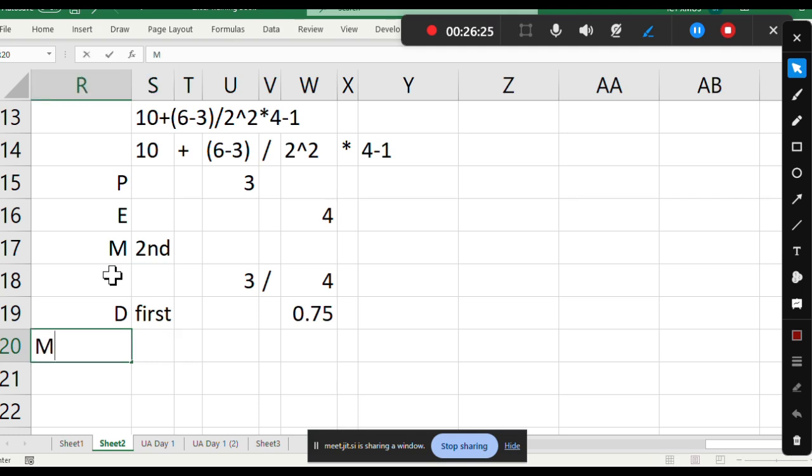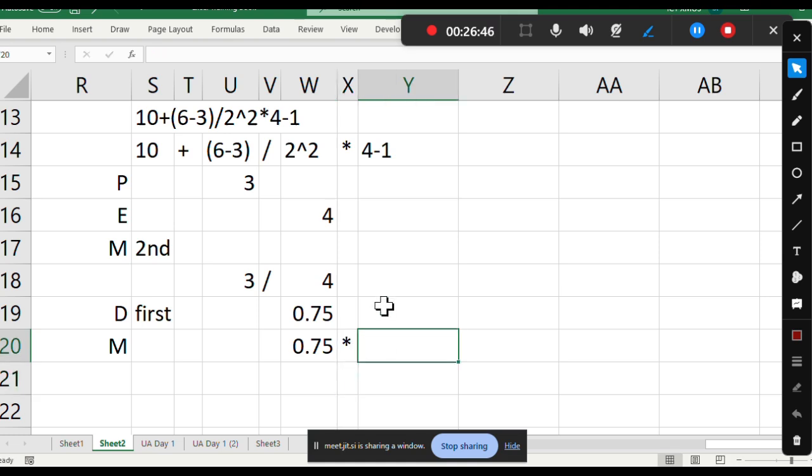The m now will be 0.75 times 4, this 4 here. You can see this 4 here.